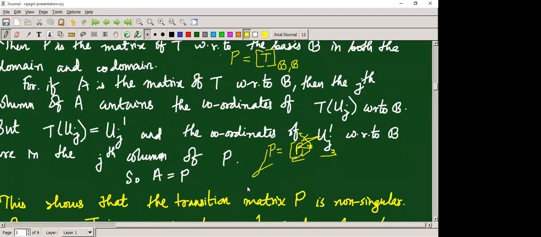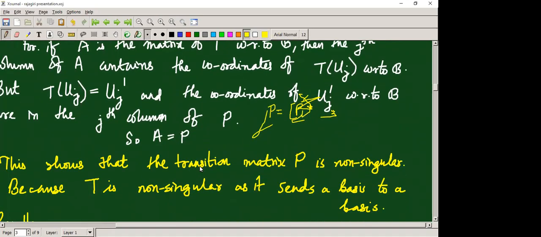So the jth column of P is actually the coordinates of uj dash with respect to B. But the coordinates of uj dash with respect to B is also the jth column of A. So A is equal to P.